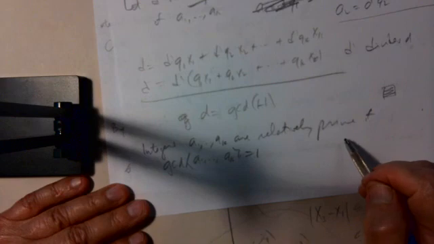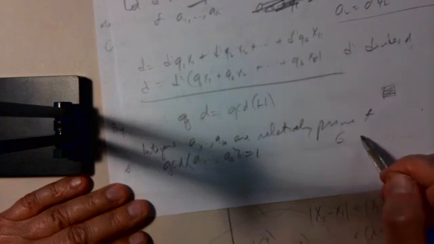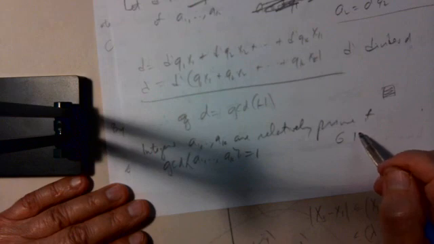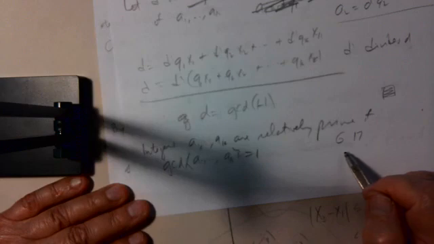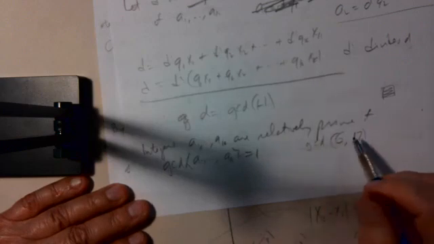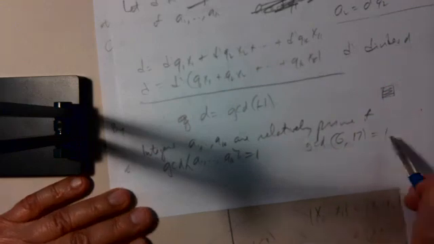So for example, 6 and 17 are relatively prime because the largest number that divides 6 and 17 is 1.